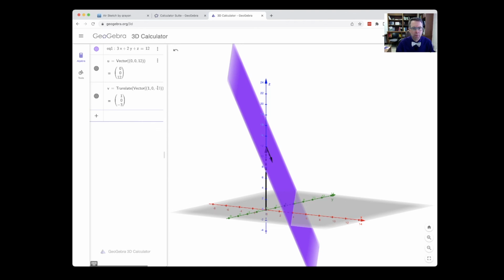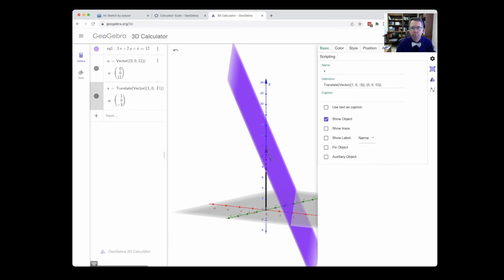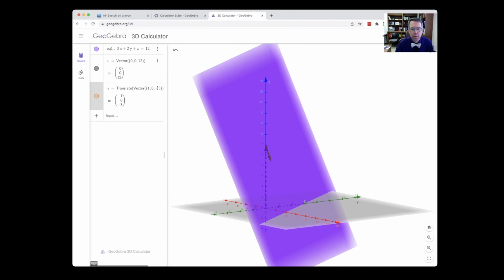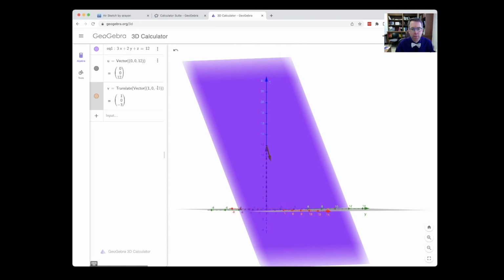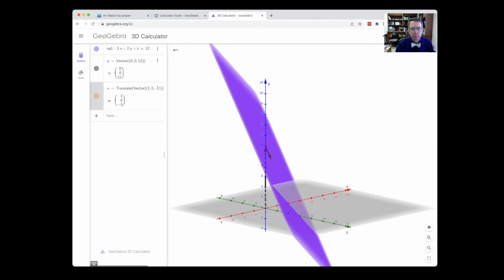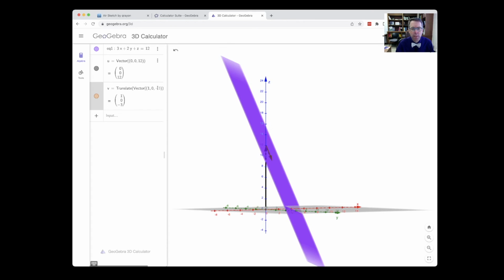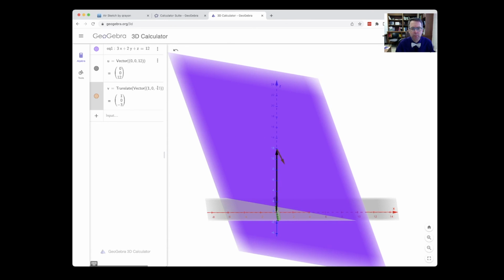So that's a vector, and it's actually one direction in the plane. I'm just here trying to change my colors so that it stands out. That vector we're trying to show is in that plane.